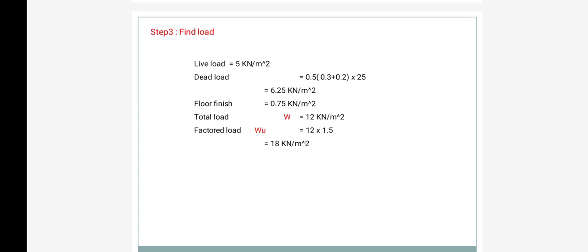Total load is equal to live load plus dead load plus floor finish, so the answer is 12 kilonewton per meter square. Next, factored load Wu is equal to total load into factor of safety. So total load 12 and factor of safety 1.5. Therefore factored load Wu is equal to 18 kilonewton per meter square.